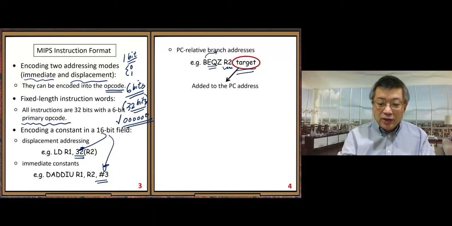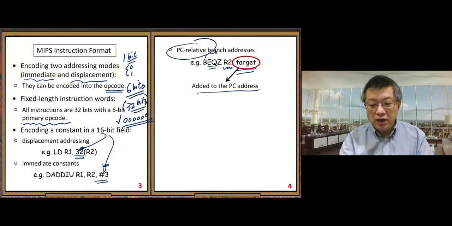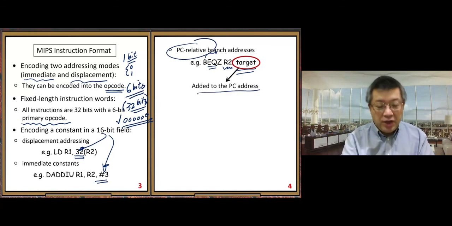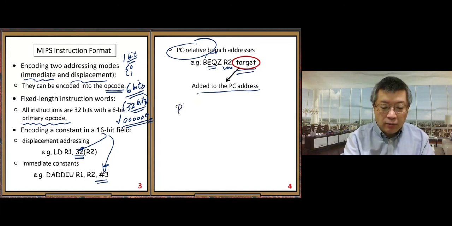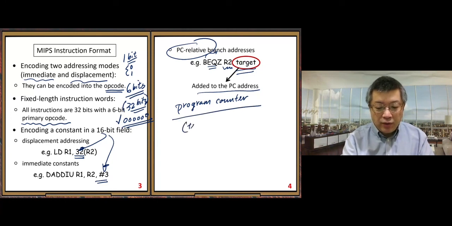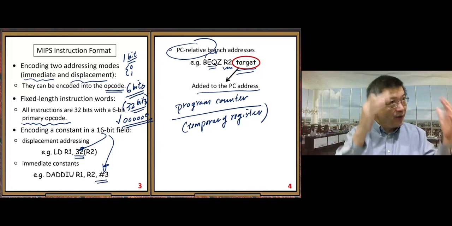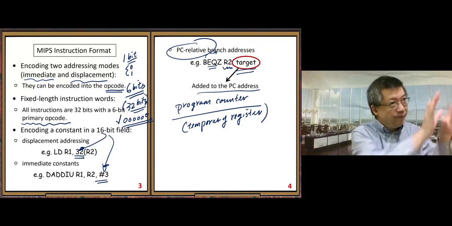So here, what is the PC relative added to the PC address? I need to explain that. PC means the program counter. What's that? It is a temporary register in the CPU. Remember when we talked about regular registers, that's one type of register.